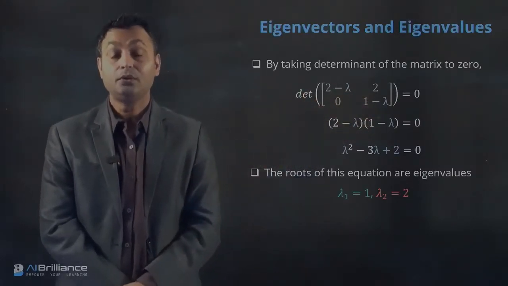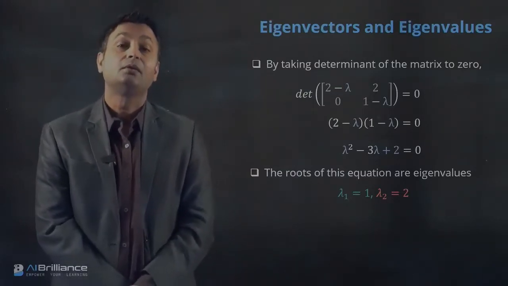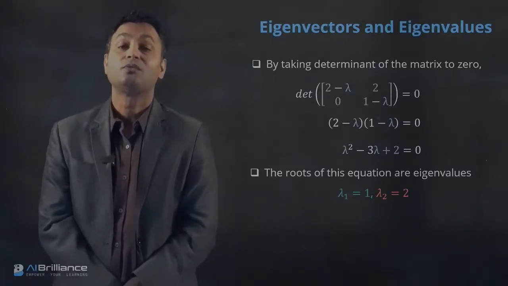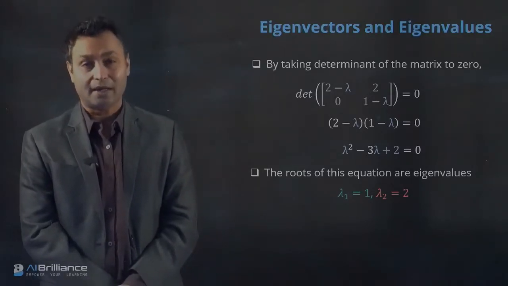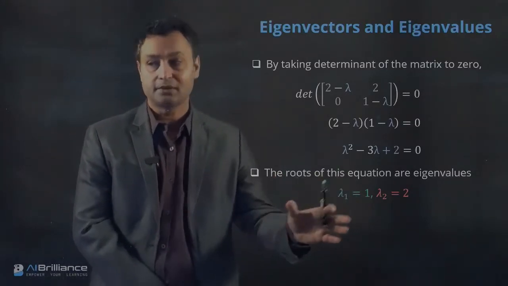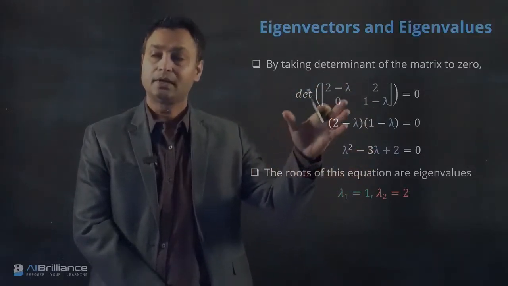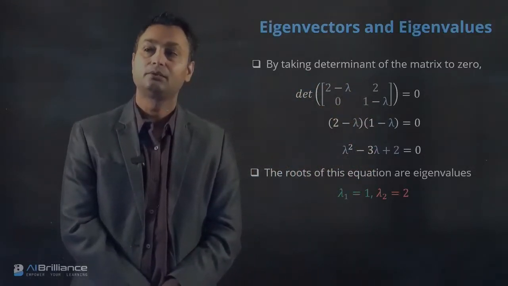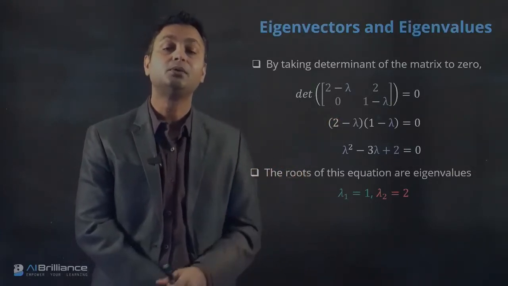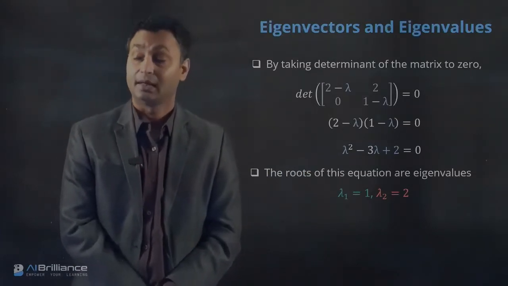Now, since we got two lambdas which are different values, corresponding to each of them, lambda 1 and lambda 2, we have to find the corresponding first and second eigenvectors. One way to process this information is that there are two eigenvalues associated with the transformation matrix that we initially began with, and there must be two different eigenvectors corresponding to each of these eigenvalues.